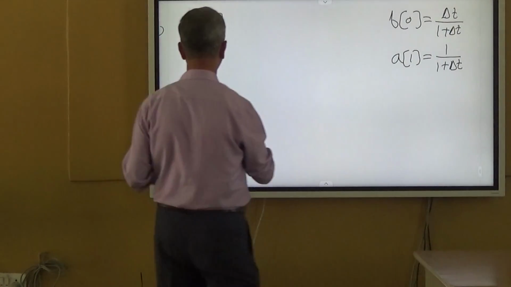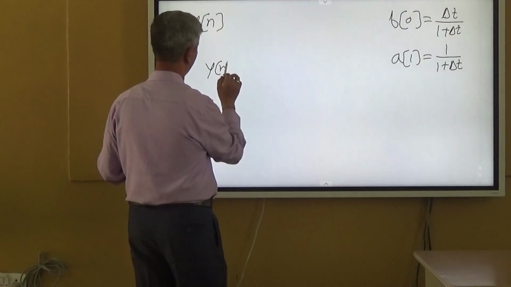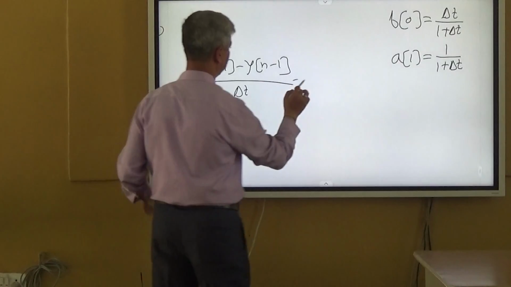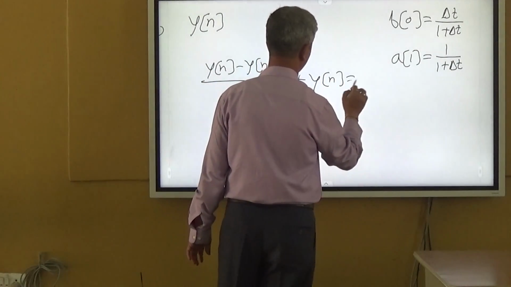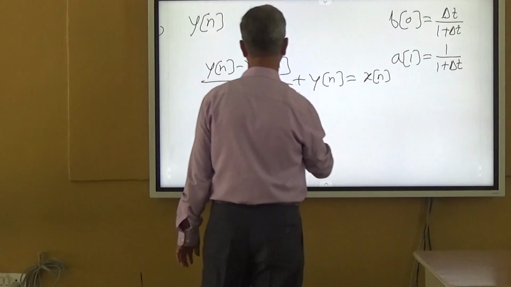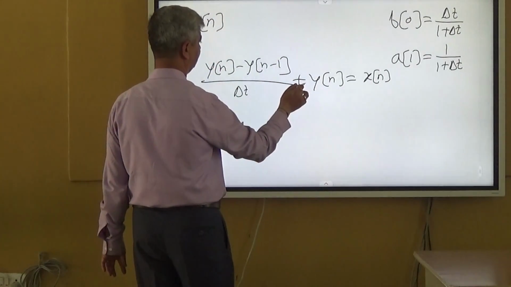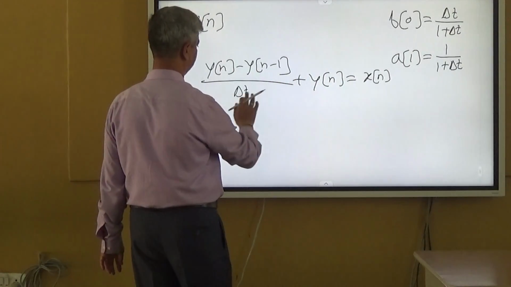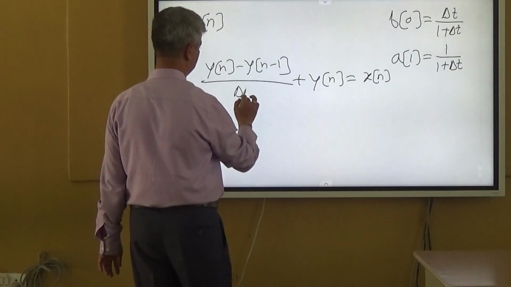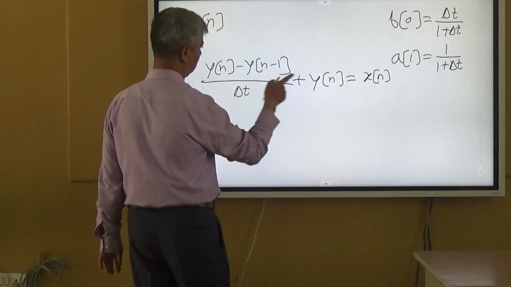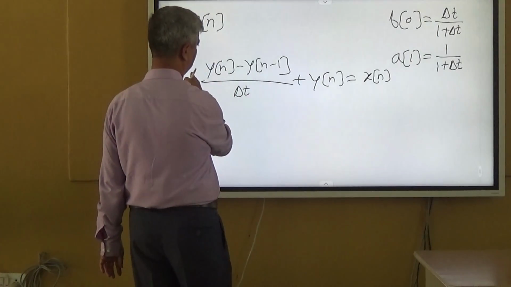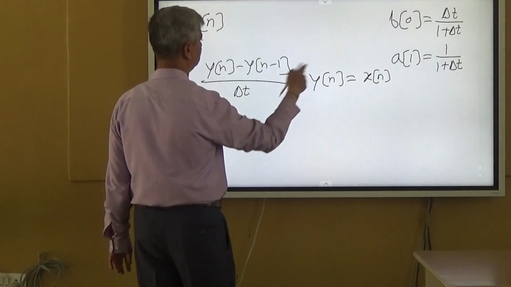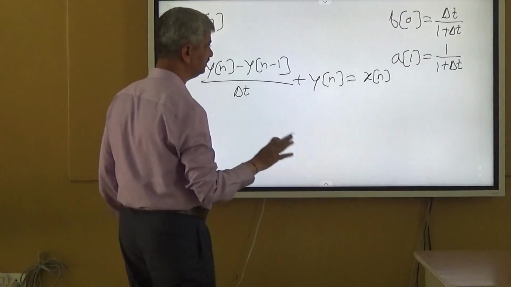Let's just cross verify. y[n-1] upon delta t plus y[n] was x[n], then we take delta t on the other side. y[n] plus delta t y[n] is equal to delta t x[n] plus this. Right? Is it okay?